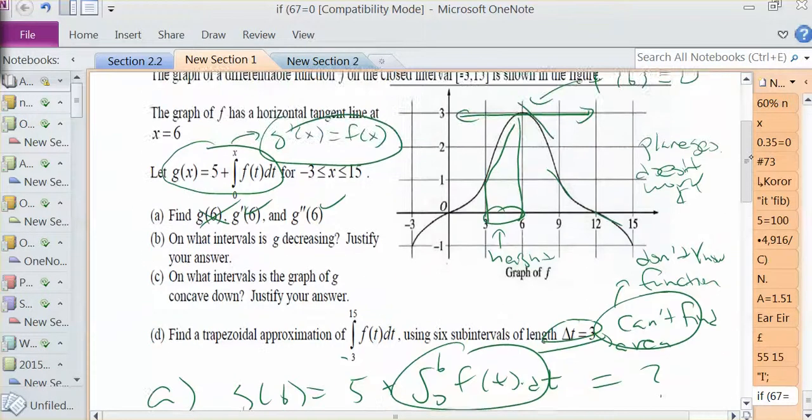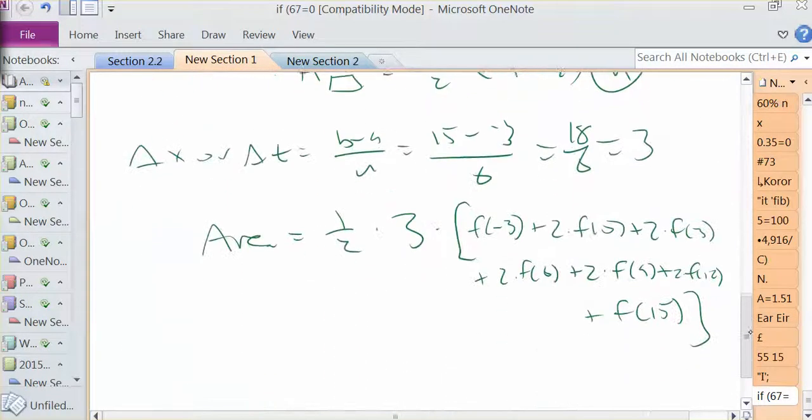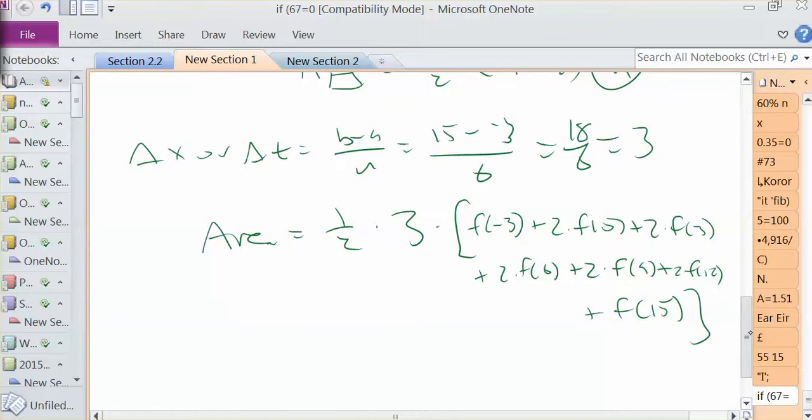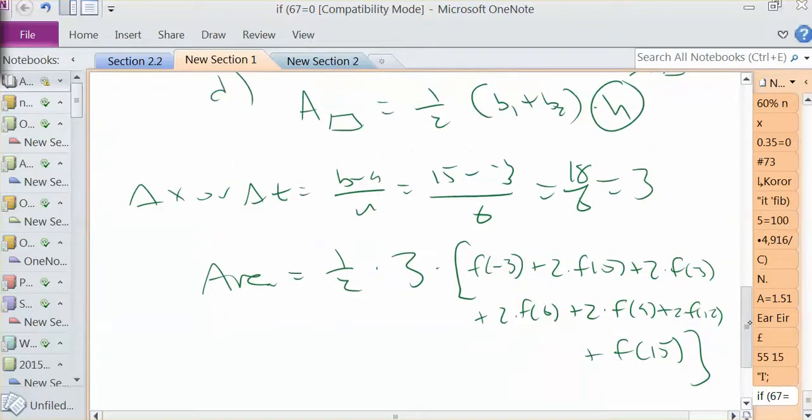So that's how I would go about doing that. And remember, we have to do the y values twice except for the first and last one, because the first and last y values are used as a base just once for our trapezoidal rule.